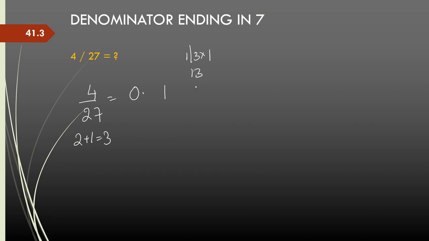13 over 3, 3 fours are 12, 1 is the remainder and 3 times 4. So this is 23. Now 23 over 3, 3 sevens are 21, 2 is the remainder and 3 times 7 is 21, 2 passes here, this becomes 41.